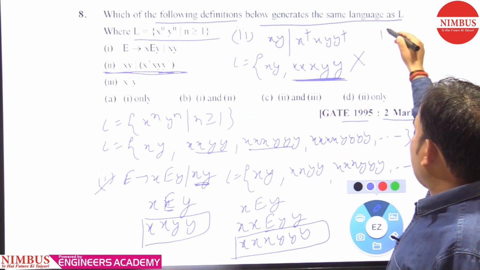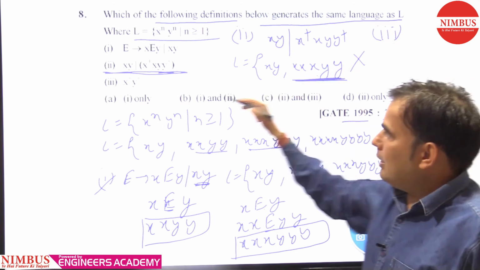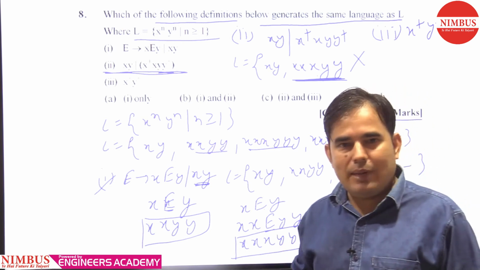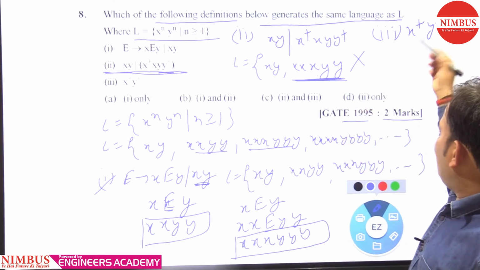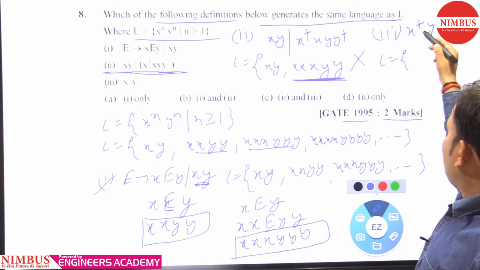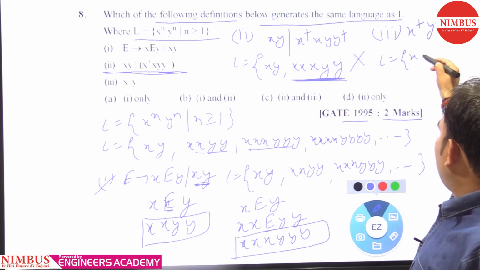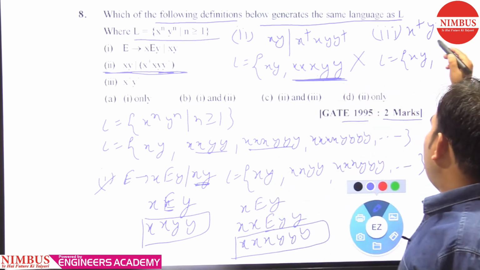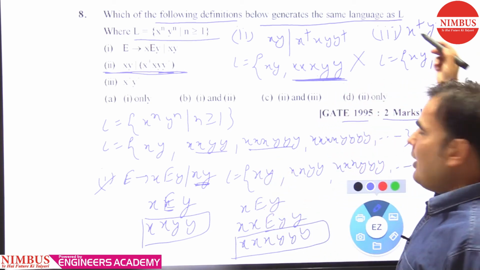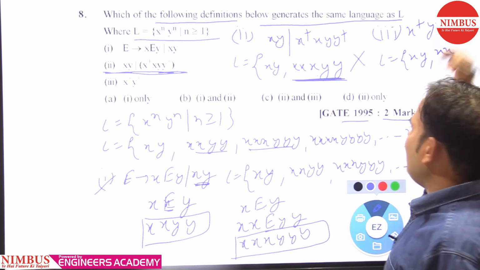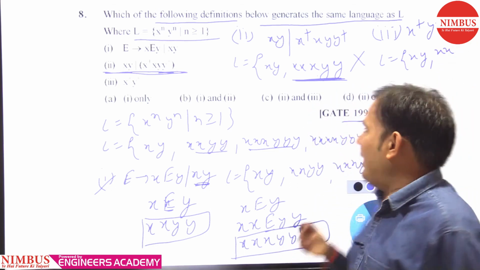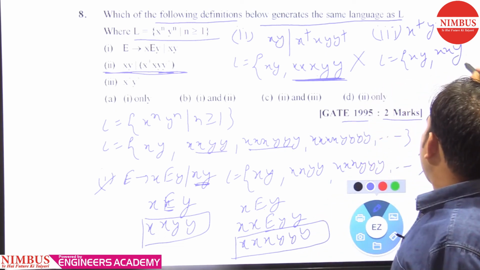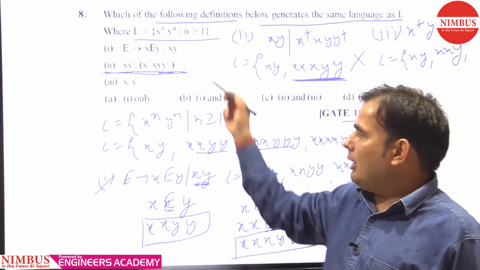Similarly, if we take the third statement, x+ y+, right? When we take one x and one y, we get xy, no problem at all. But when we take xx from the positive closure of x and only one y from the positive closure of y, it generates the string xxy, which is not present in the given language.